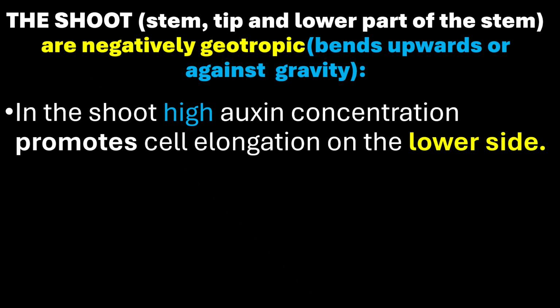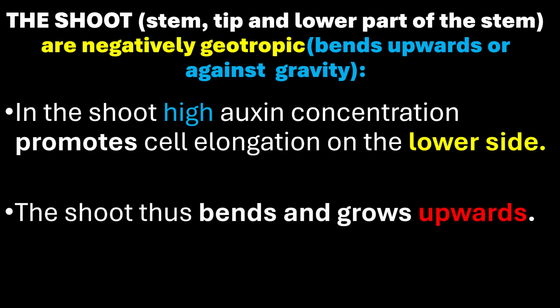And the reason is that in the shoot, high auxin concentration promotes cell elongation on the lower side. So what's going to happen is that the shoot will therefore bend upwards, because auxin functions differently in shoots and then in the root.